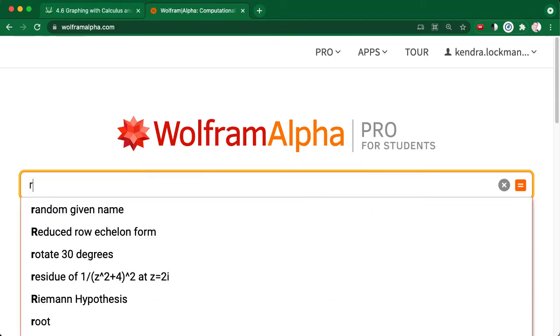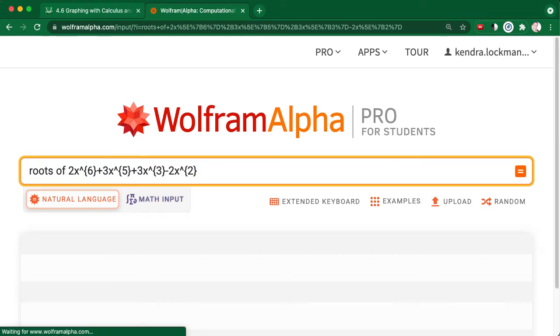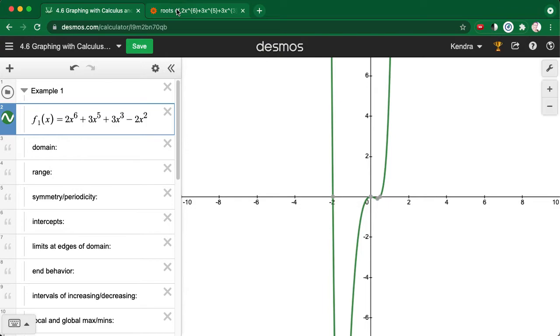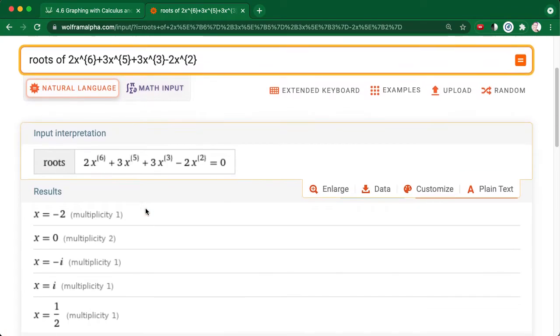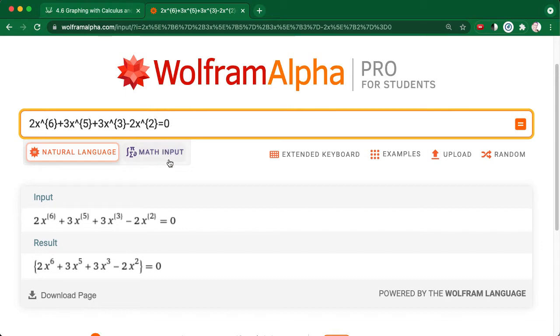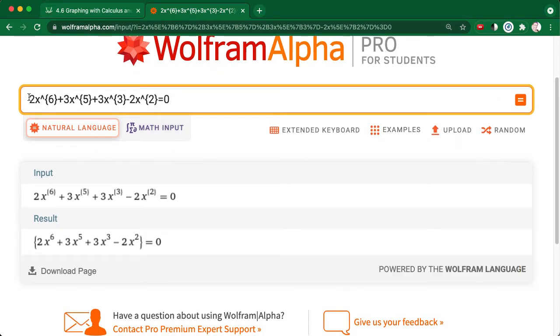So you can ask, what are the roots of, and I pasted that function, which I copied from over here. And it'll give me roots. If I don't remember that they're called roots, then I can ask it to solve this equation. It looks like it's not actually giving me that, so I'll put in the word solve.